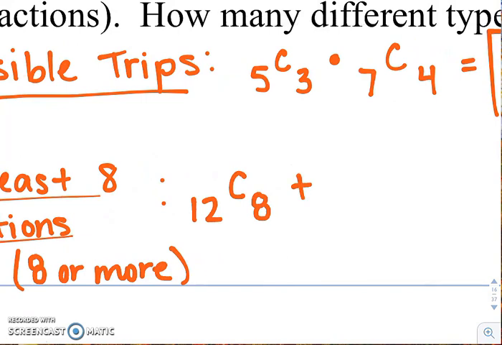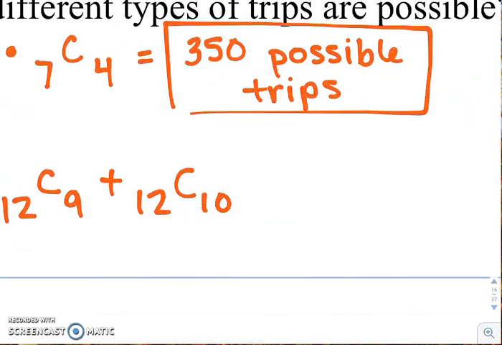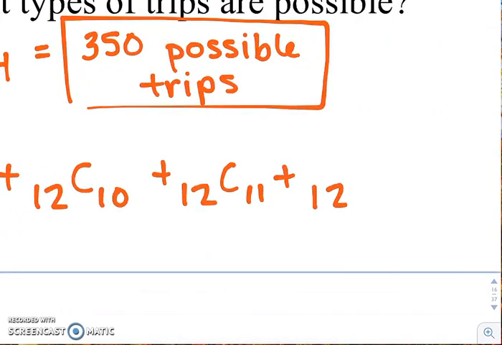Now this is the one where we're only choosing one of these combinations. We're not doing all of them, so we're going to add. The next one would be 12, and we would visit 9 of them. Or we could visit 10 of the 12. Or we could visit 11. Or we could visit 12 of 12.